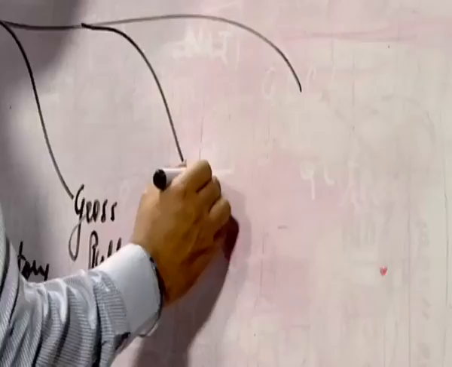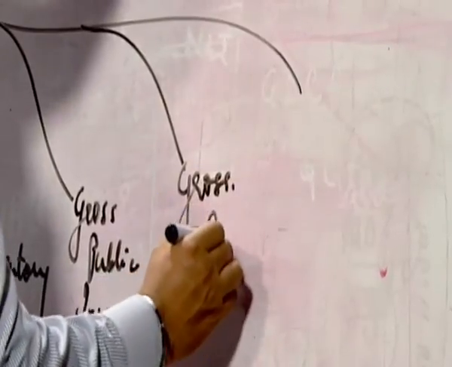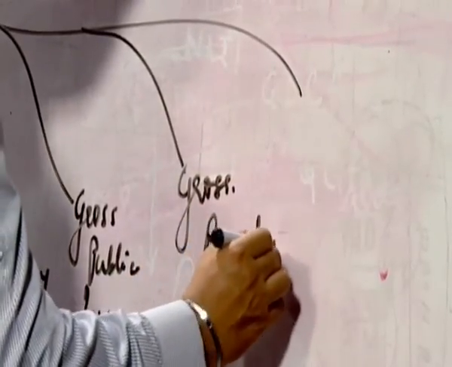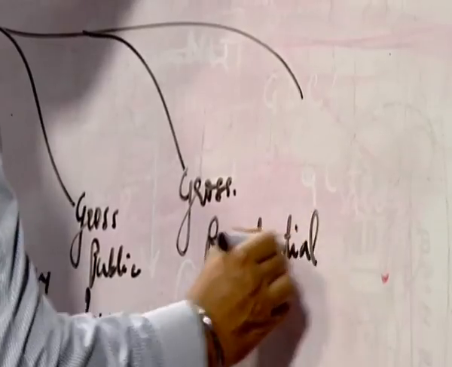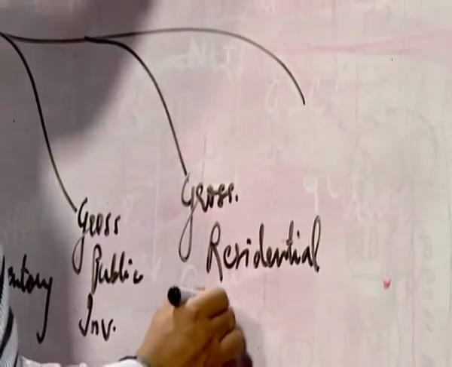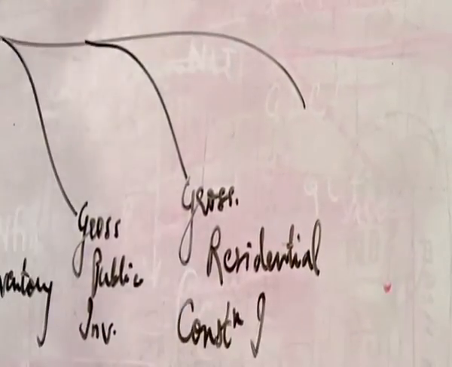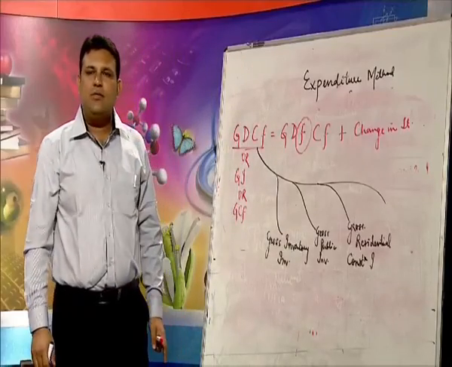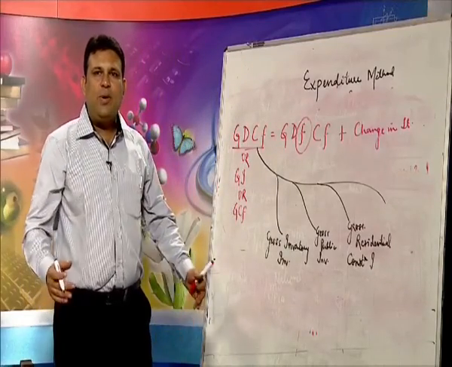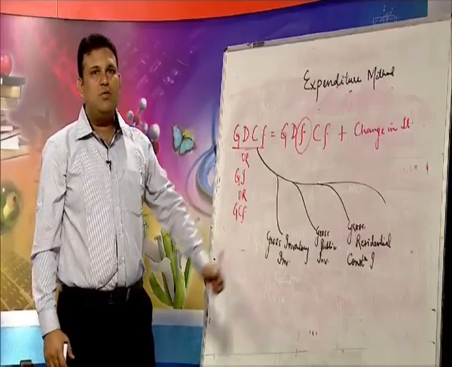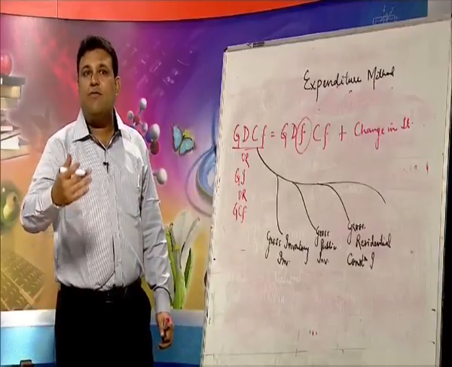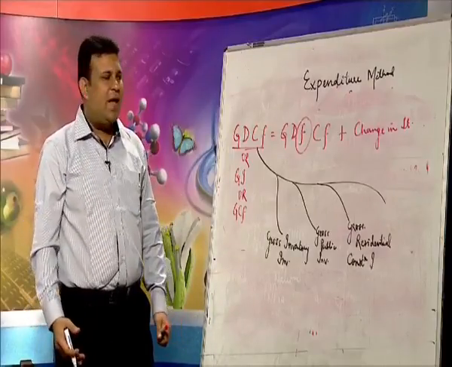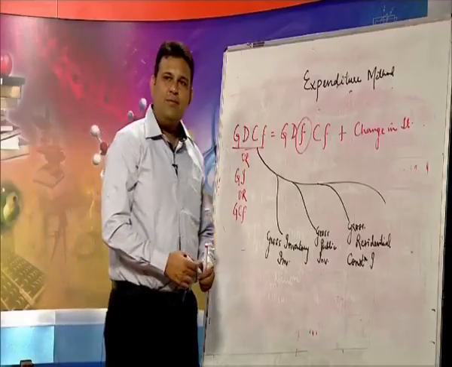Gross residential construction investment. Here construction doesn't mean कि आपने एक balcony को extend कर दिया घर में, major construction which increases the value of your house or flat or anything, land.